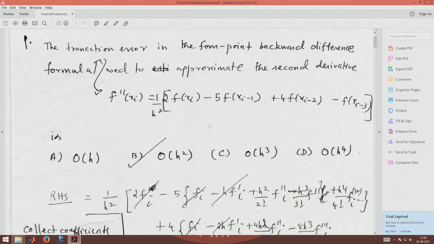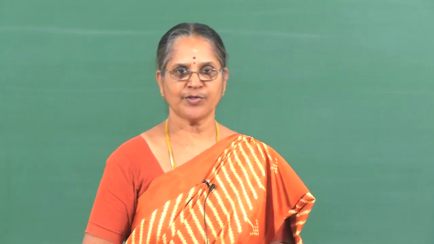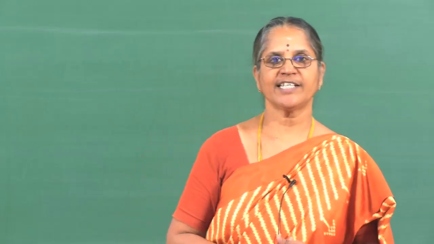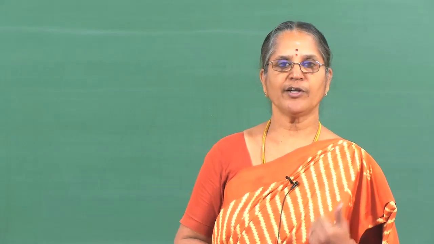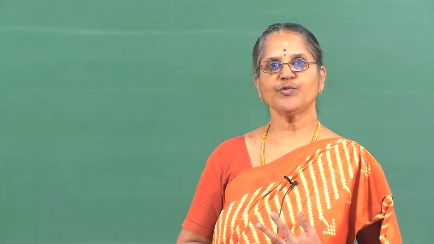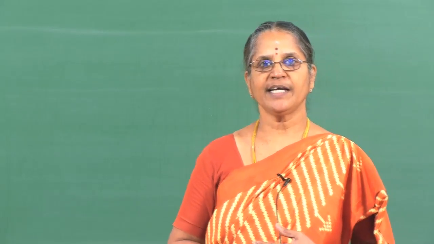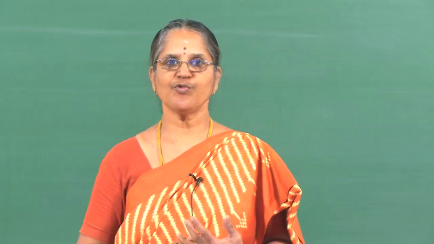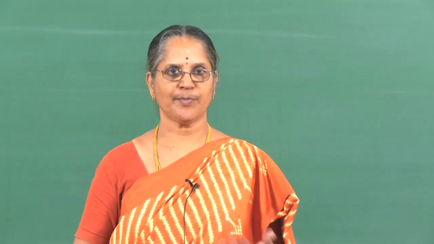What is it that we have done all along in this course? We have focused our attention on 5 important topics which are very useful to us in obtaining approximation of a function whose values are specified at discrete points.